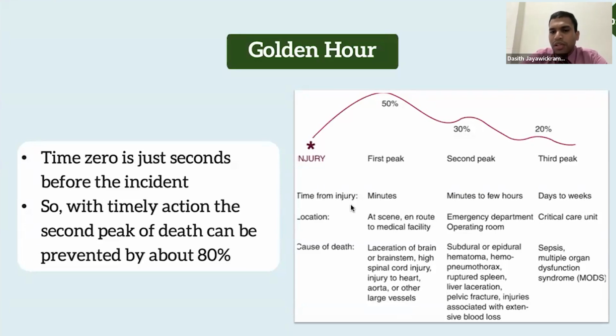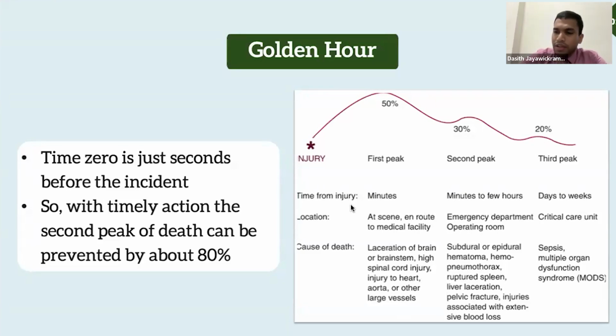For example, a laceration of the brainstem, high spinal cord injury, injury to the heart, injury to other large vessels like the aorta. The patient will bleed out in less than a minute, and will basically die within minutes at the site of the accident. So this is the first peak, and then comes the second peak.